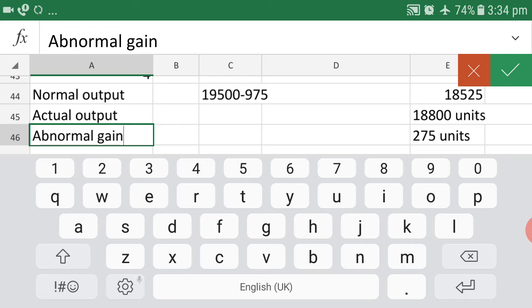But the actual output given is 18,800 units, so there is a difference of 275 units. Actual output is greater than normal output, so it is abnormal gain.